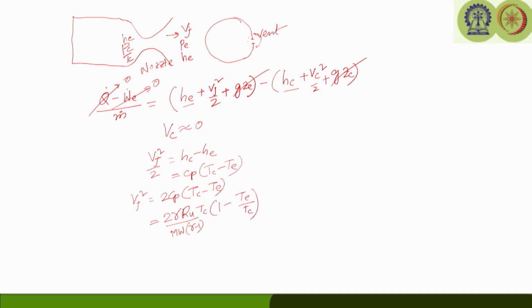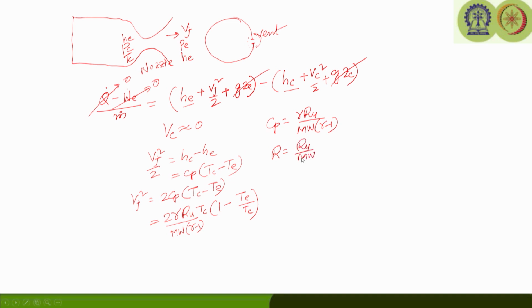Okay. So, one can write here. Now, one can do further simplification. Remember, we have written Cp equal to gamma Ru by molecular weight into gamma minus 1, because R for that particular gas is Ru by molecular weight.